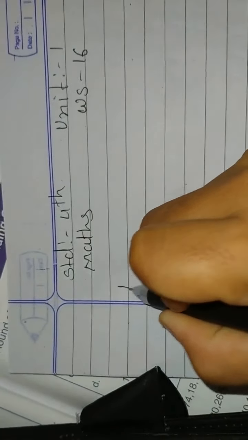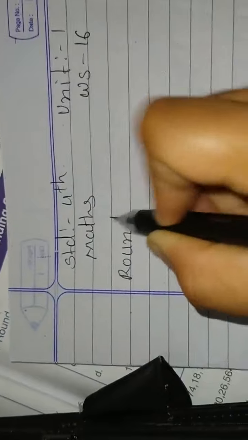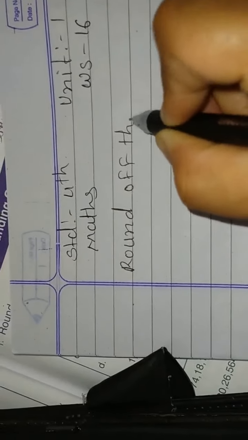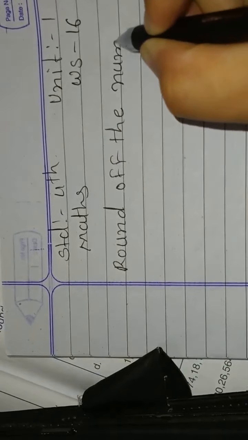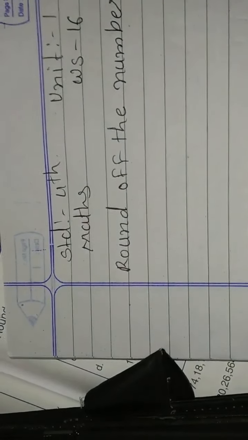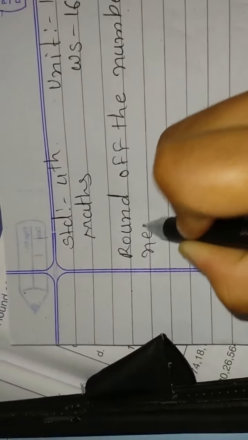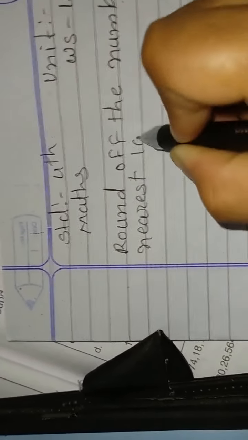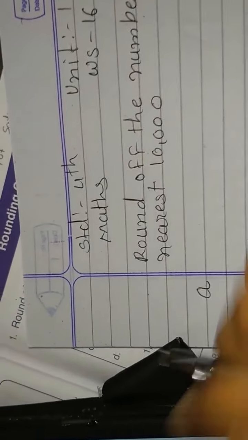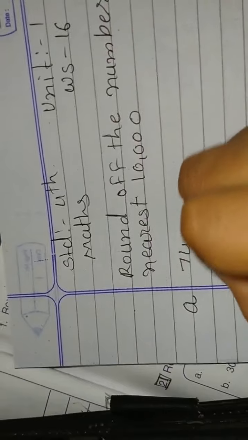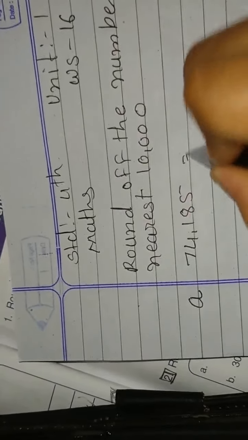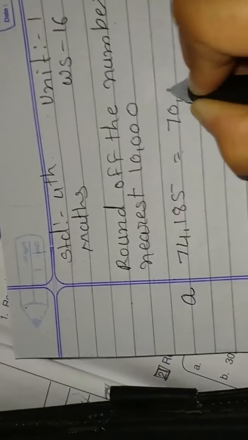In that worksheet, question number one: round off the number to the nearest 10,000. First question is 74,185. So the nearest 10,000 is 17,000.